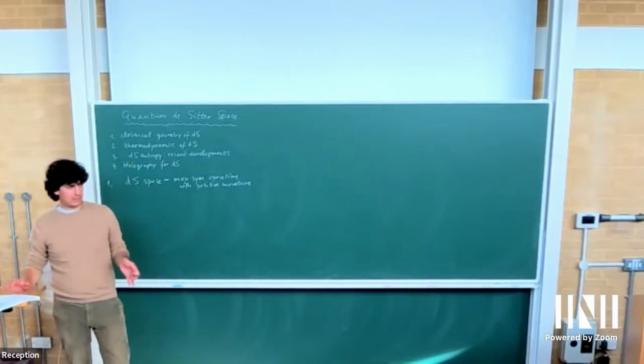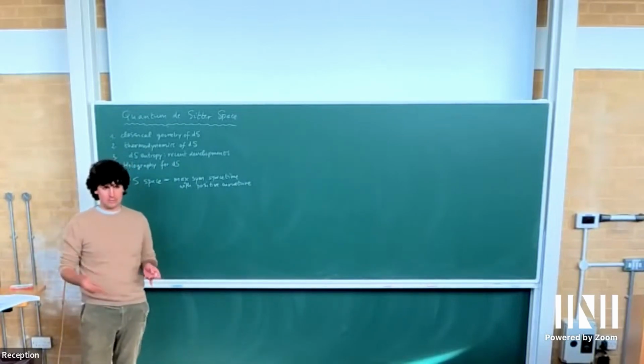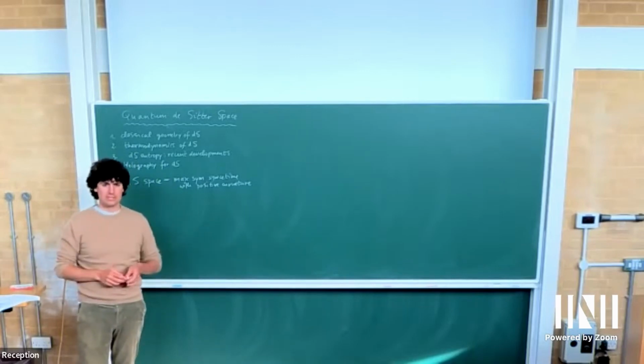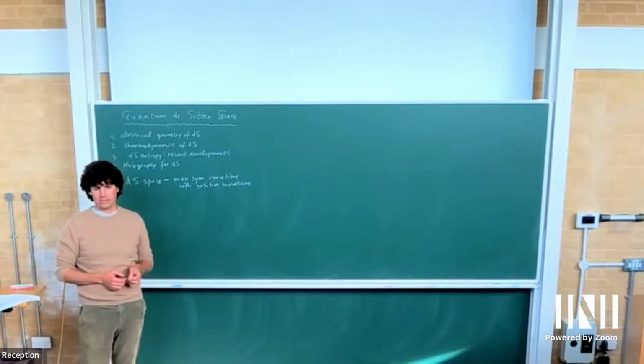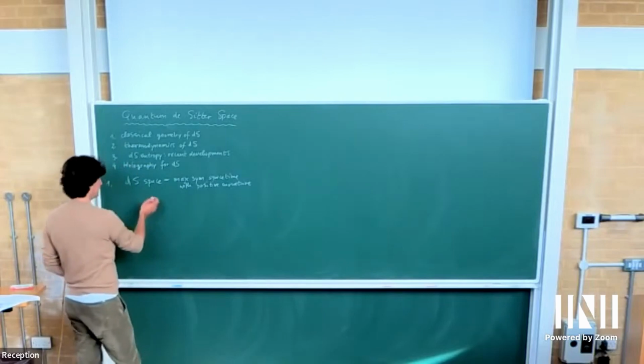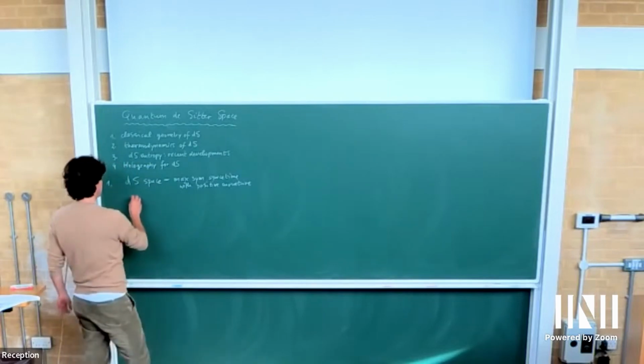Now, de Sitter space is not only theoretically interesting because it's maximally symmetric, like a ground state in general relativity. It's also very relevant for our universe, for two reasons. So de Sitter space is exponentially expanding.